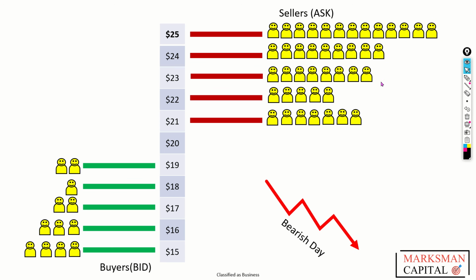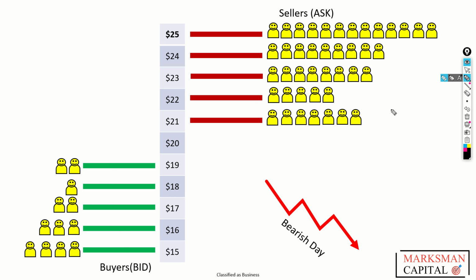Now the same goes for a bearish day. What we expect on a bearish day is that you would have more sellers than buyers. Sellers want to sell at the highest price possible. That's why you can see at the stock price of 25, you see more lining up here. The same goes for the buyers, and most buyers would actually want to buy at a very low price. They would want to buy at 15.